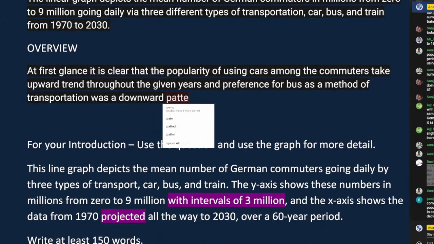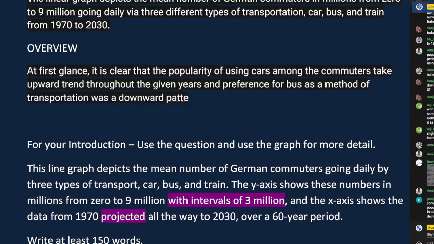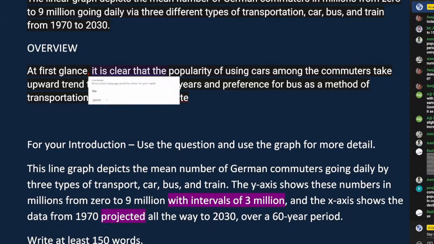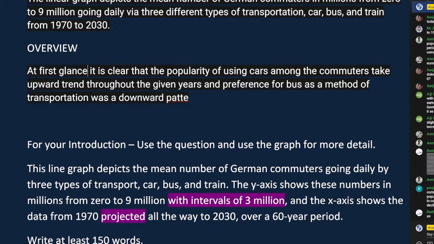Okay, so Rashika writes, at first glance, Rashika, always put a comma in after your leading expression. So at first glance, it is clear that the popularity, here, let me switch up my colors and then you can see what I'm doing here a little bit better. So, okay. At first glance, it is clear that the popularity, let's not put a comma there when you say it is clear.